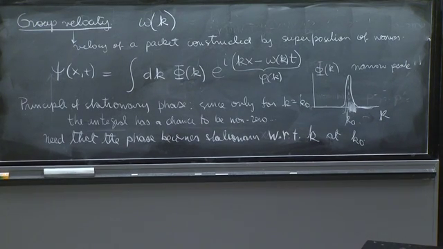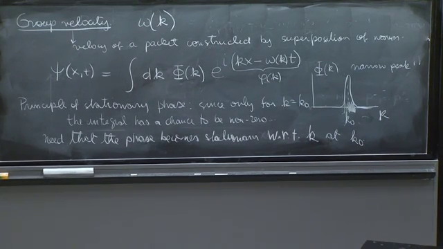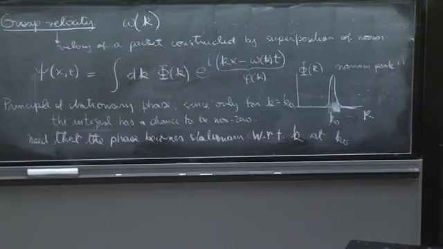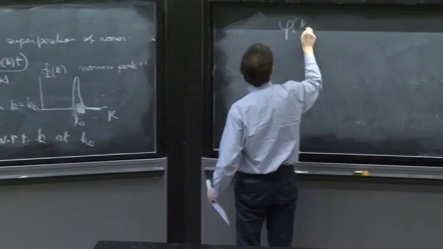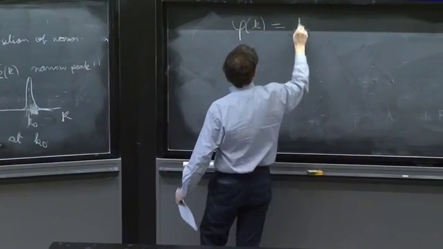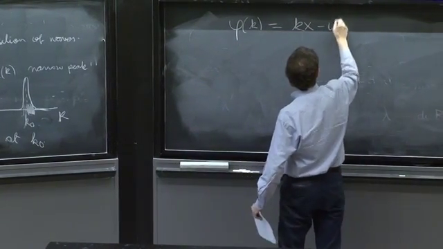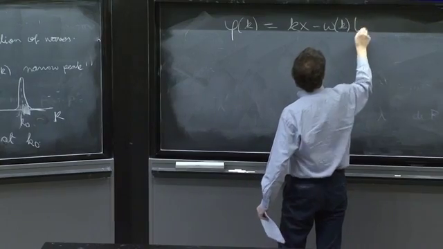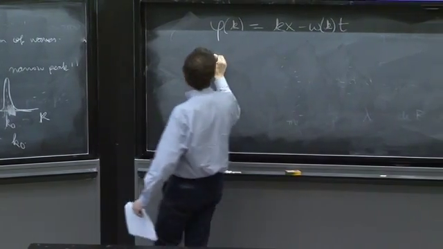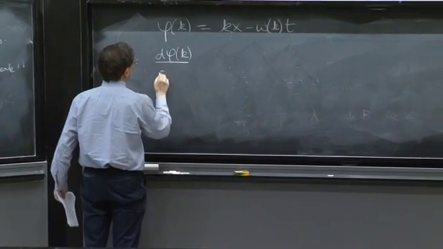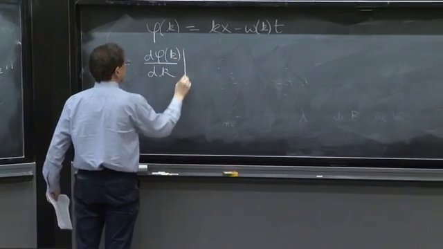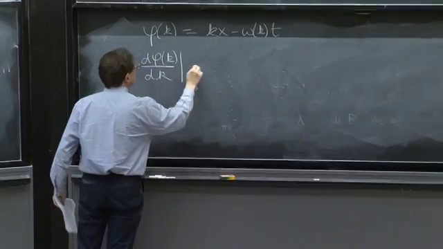The result is that the main contribution comes when the phase phi of k, which is kx minus omega of k t, satisfies the condition that it just doesn't vary, it has zero derivative at k0.